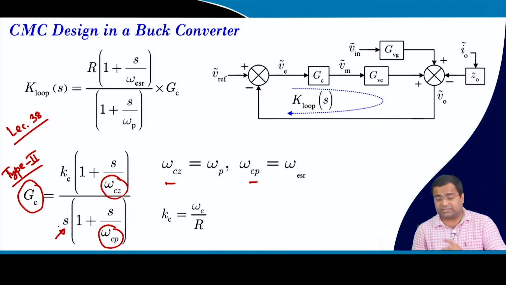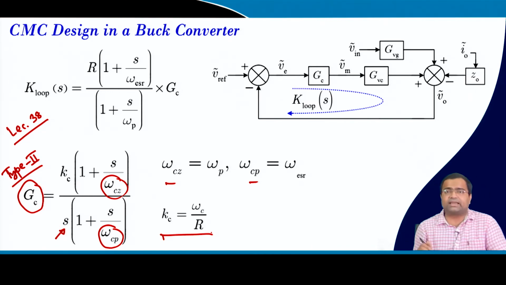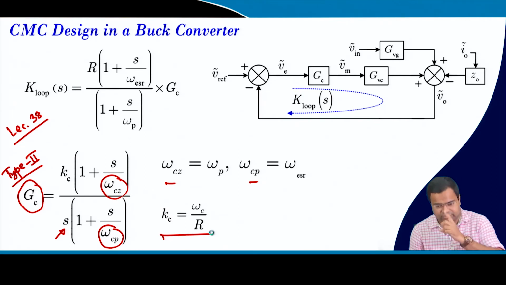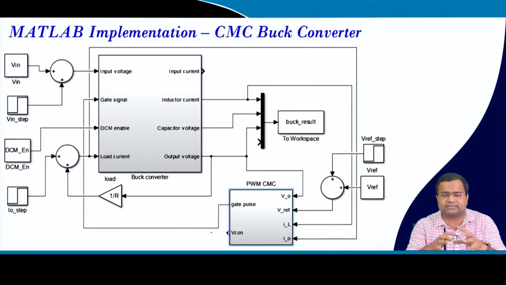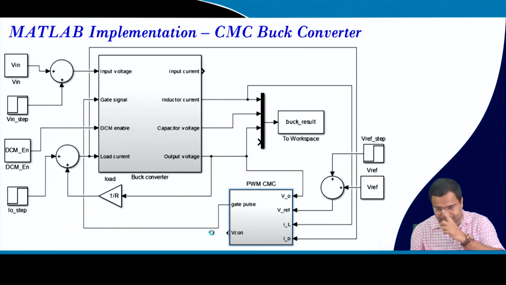So, you will get a first order system, and how to get Kc, the controller gain, we also discussed. And we have also discussed the MATLAB model under current mode control. We have discussed multiple times how to implement current mode control in a buck converter.